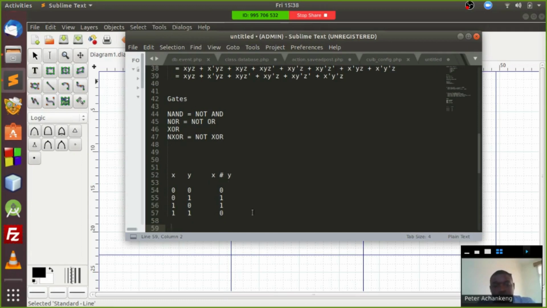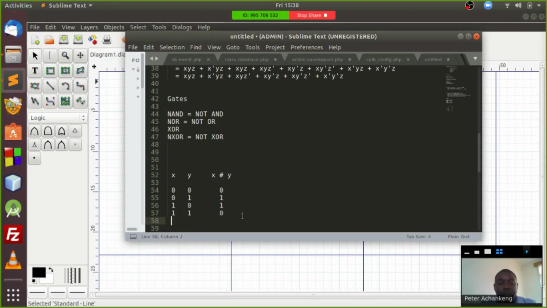That is the truth table for the exclusive OR. What I want you to notice is that the second and the third line, which have 1 as the output, will contribute to producing the output for this table, which means that the mean term will come from the second and the third row.